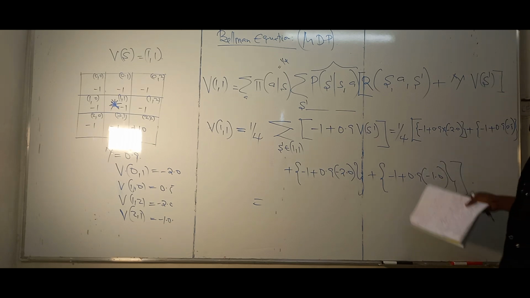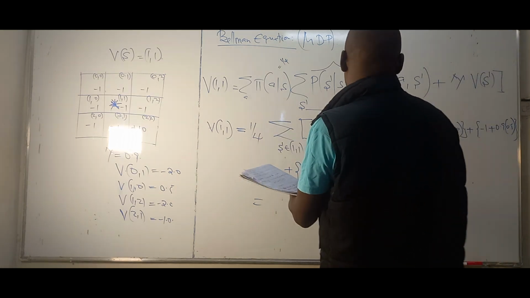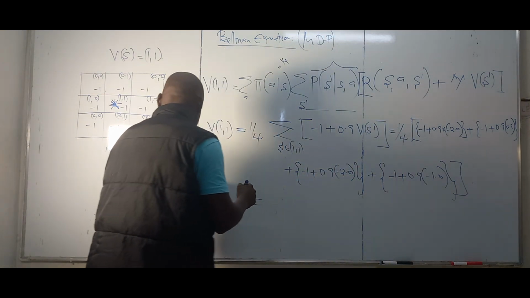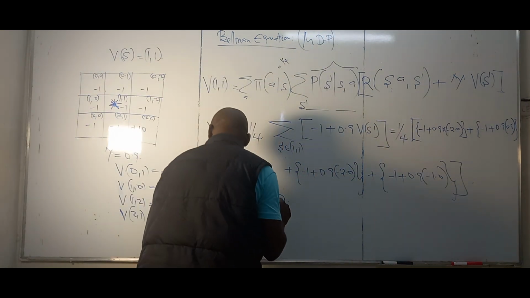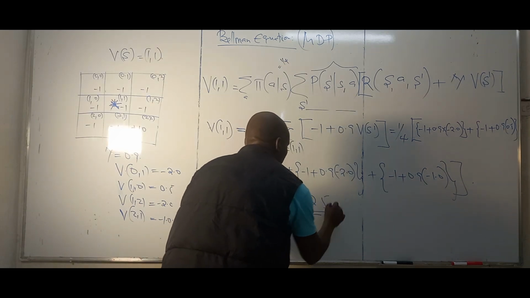Now, if you sum this, you'll have to multiply, get these products, sum them, then divide by 4. If you do that properly, with a lot of keenness, what you should get is negative 2.0125.